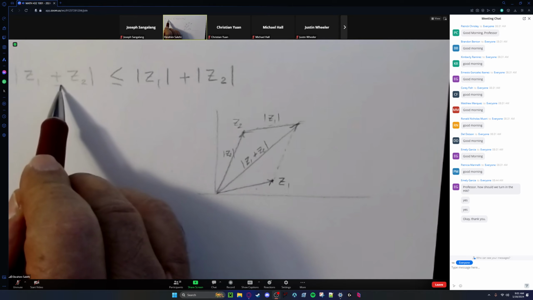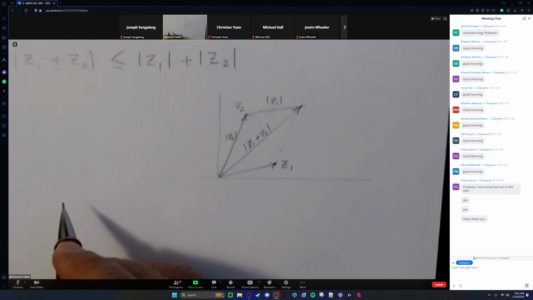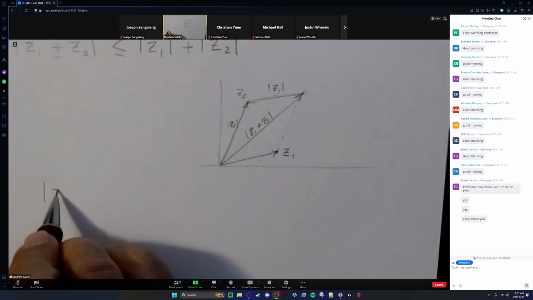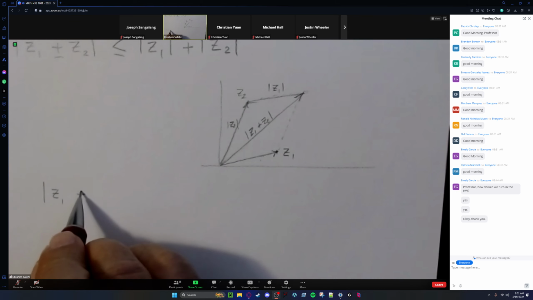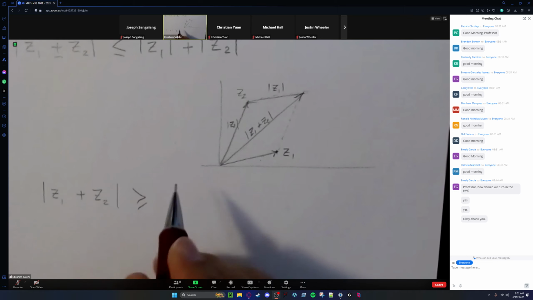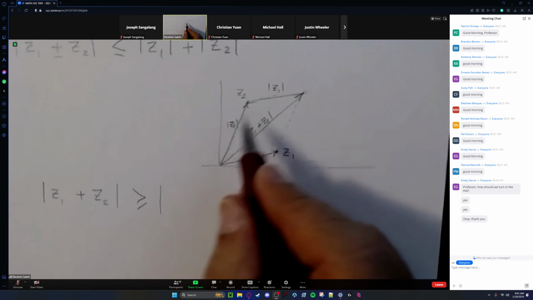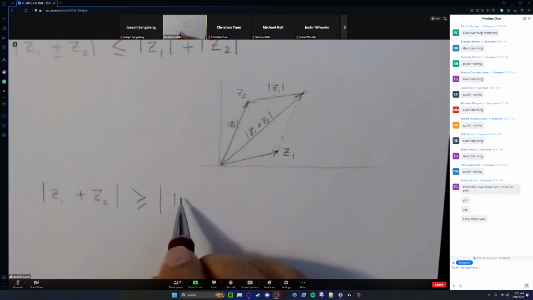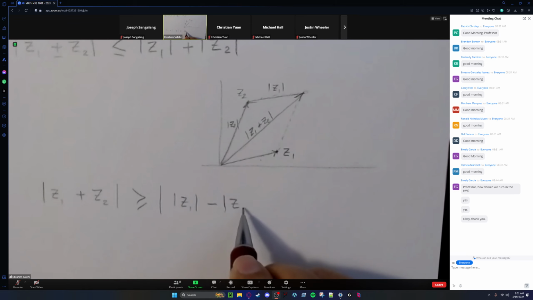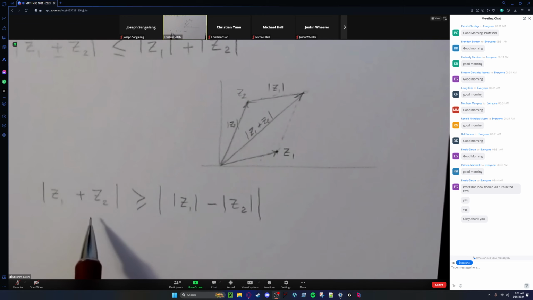That's perfectly fine. And triangle inequality number two is this one: the modulus of z1 plus z2 is bigger than or equal to the difference between the two lengths, modulus of z1 minus modulus of z2. Again, you can have a negative sign here as well.